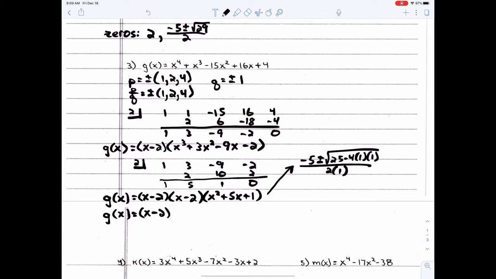And you can write x minus 2 quantity squared. I'm only writing it twice to emphasize that it was a 0 twice. And now we have x minus the first thing from the quadratic formula, and x minus the other thing from the quadratic formula.